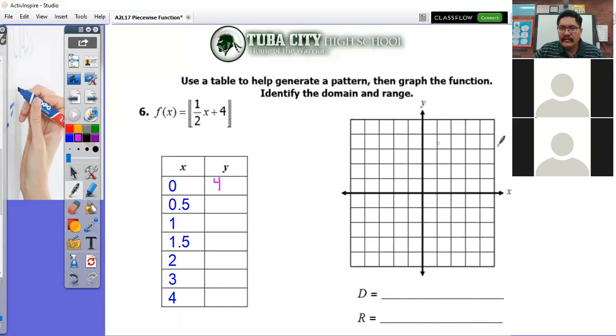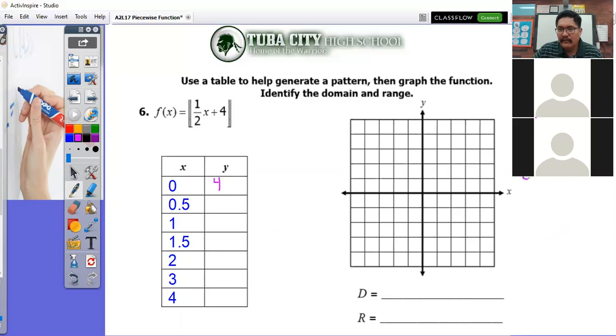All right, let's go ahead and do this one here. So we get half. Now that's already an integer, so we don't need to round it. Half times 0.5. So that would be, well, a quarter.